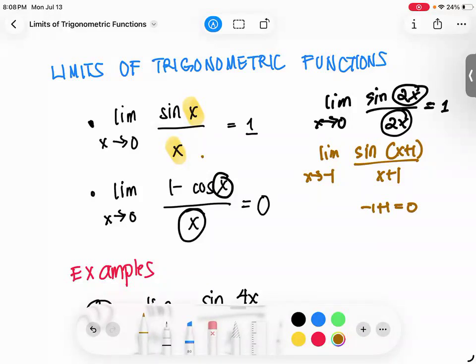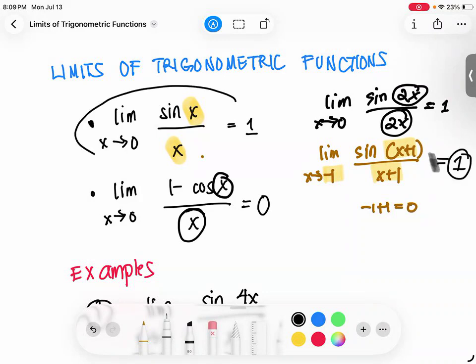So since the argument x plus 1 becomes 0 when you plug in the value of x that we are approaching, for this case, this is -1, this is equal to 1 as well. The important condition for this identity is that the argument of sine and the denominator should both become 0 if you're going to plug in the x value of interest. So let's apply it here.